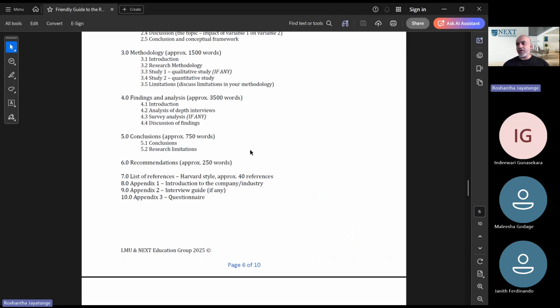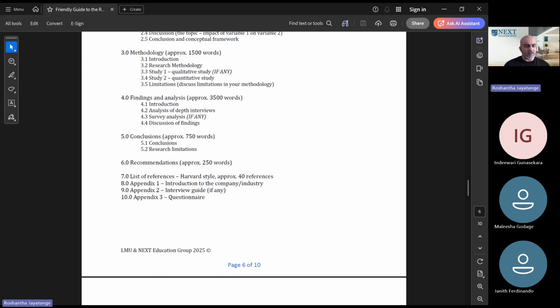Then in chapter 2, the literature review helps you establish what literature is already there around the subject and areas you can explore, and at the end you give a conceptual framework: how you're going to look at the variables and the connection between them.